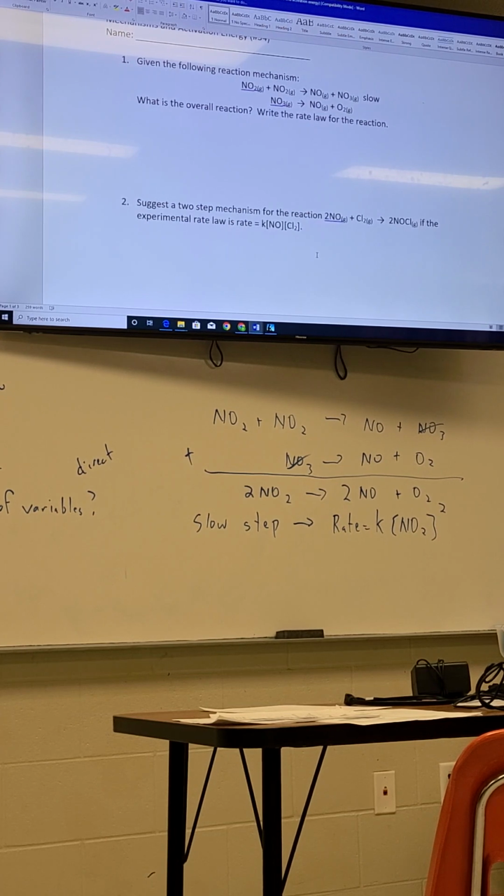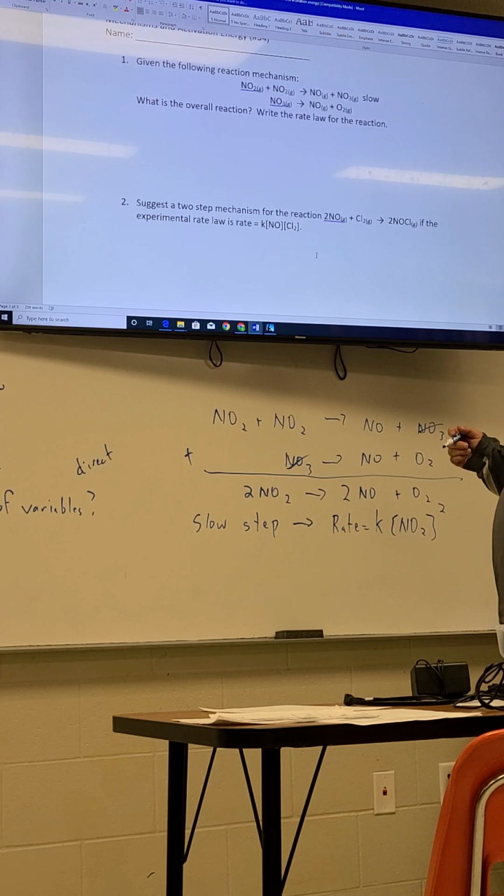Okay, what if it's like NO2 and like CO? Would it ever be like that? What would that be? Would you put a plus? NO2 and then CO. So like, that's like your A essentially. Can you write it? Rate looks like K bracket A with the M, right?